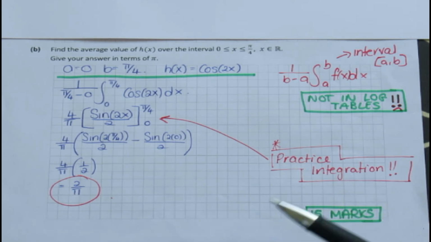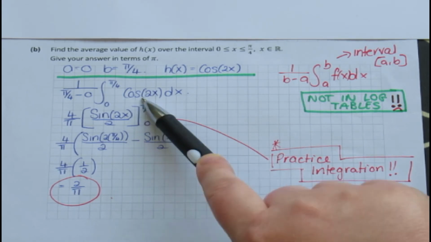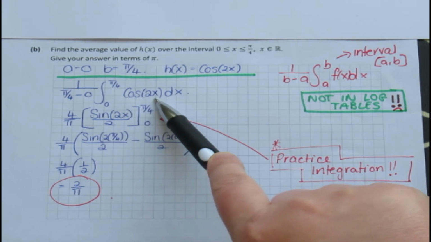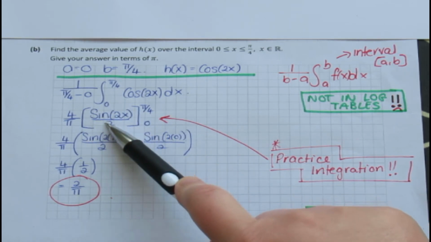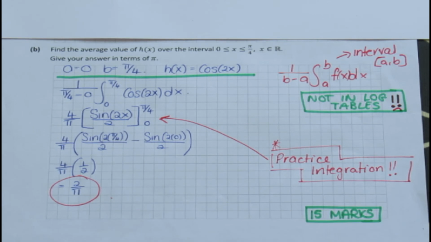A pro tip from Mrs. Maths Ireland. I'm going to do my integration next. I'm going to integrate cos of 2x, and we find that that gives me sine of 2x over 2. If this is new to you and you're not sure where I got that from, go back and practice loads and loads of questions involving integration. There are loads of examples in your books.